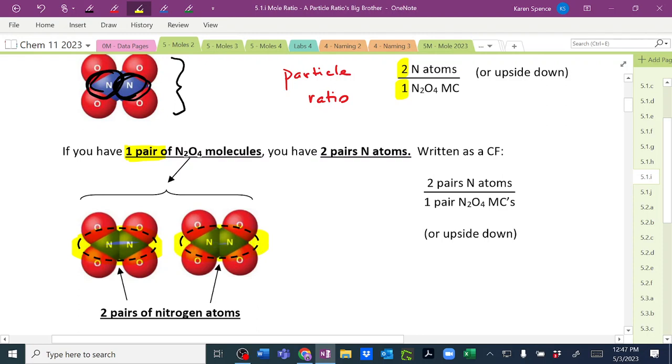So we have 2 pairs of nitrogen atoms. So the number is staying the same. I've got 2 pairs of N atoms in 1 pair of the N2O4 molecules. The only thing that has changed is now we have added the word pairs. And of course, with any of these, we can turn them upside down if we need to.